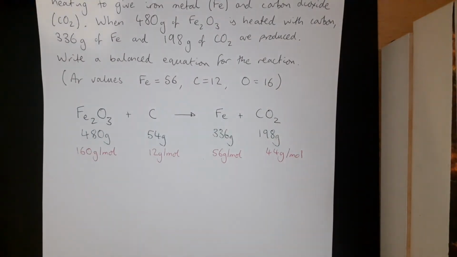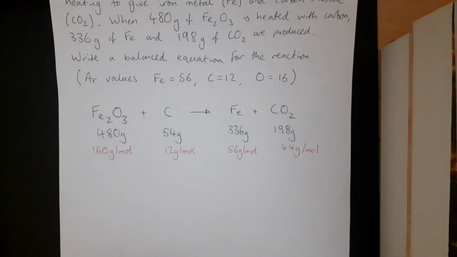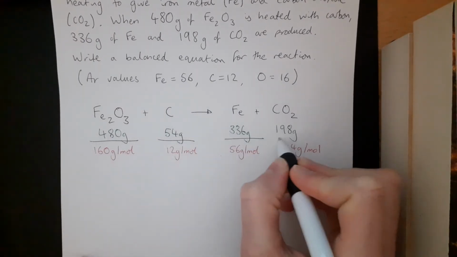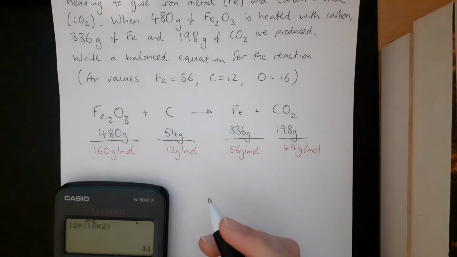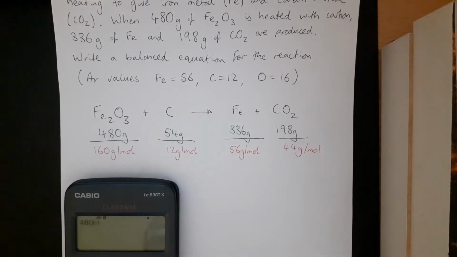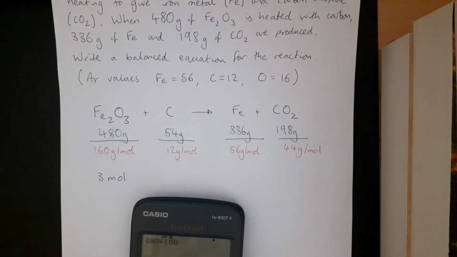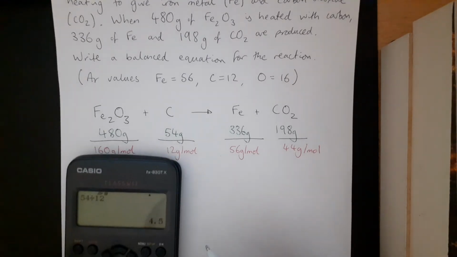Okay, and then if you remember from the first example, what we now do is the mass divided by the relative formula mass, because that's going to give us the number of moles, which is what we need. So I'm going to divide each of these. 480 divided by 160 is 3. 54 divided by 12 is 4.5.